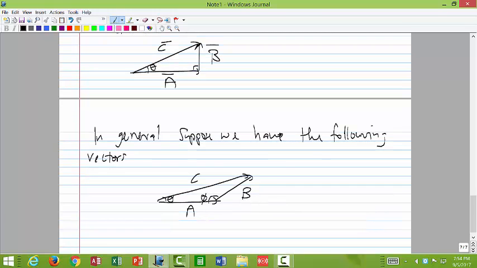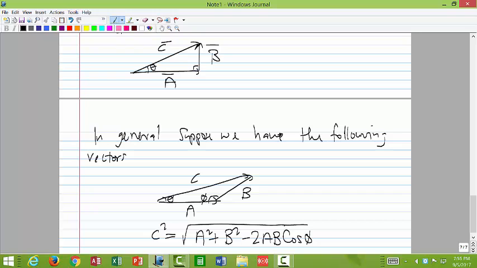And what we will say is that C squared is equal to A squared plus B squared minus 2AB cosine phi. Is that C or C squared? C, yes. C is the square root of A squared plus B squared minus 2AB cosine phi.